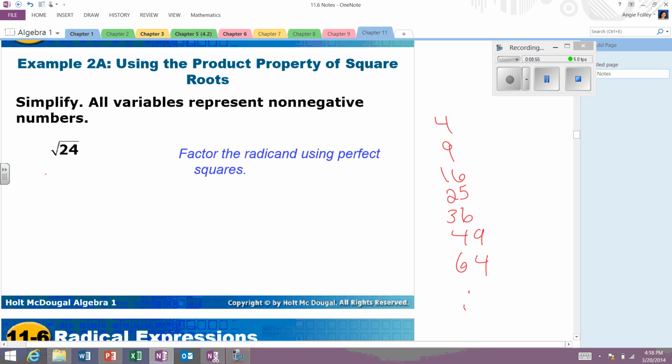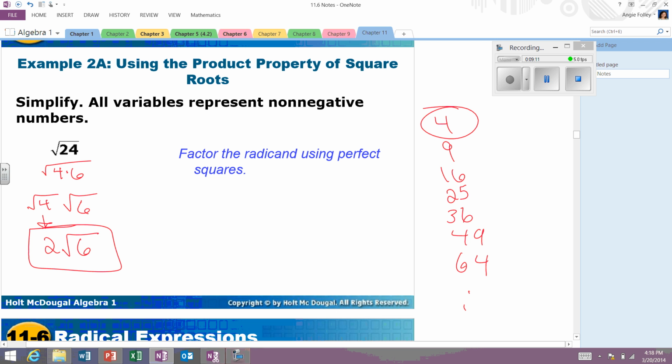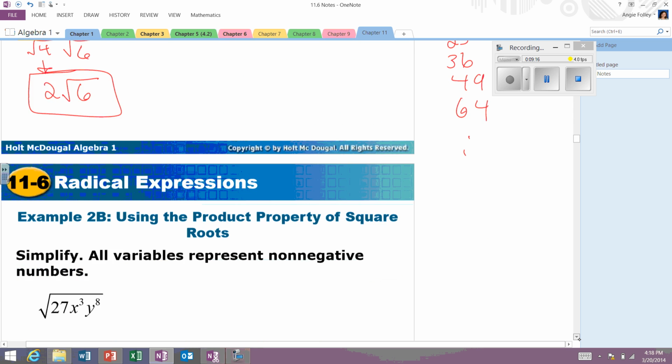So we could split 24 up into 4 times 6, because I know that 4 goes into it. And then I could separate the 4 and the 6, and the square root of 4 is 2, and then I just have the 6 left because it can't be simplified. So you're done, okay?